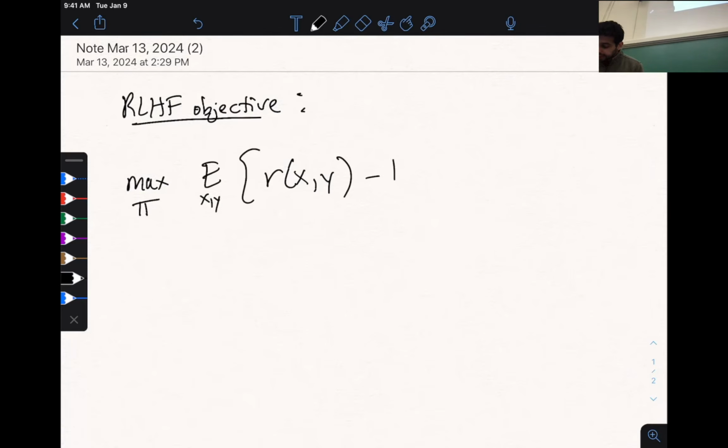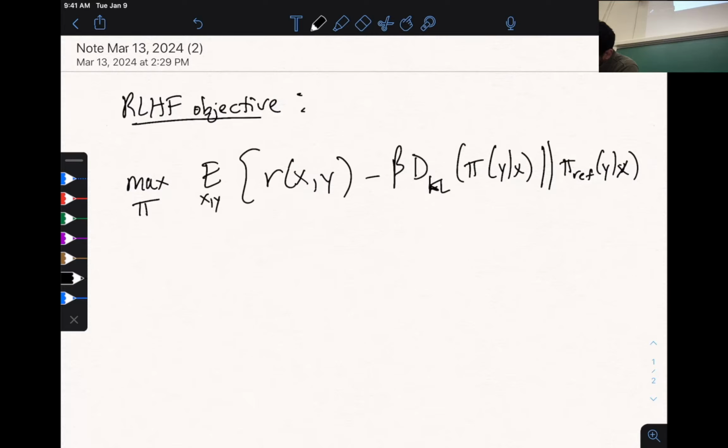But we also had this regularizer here, this KL divergence penalty, that ensured that our current policy model, the one that we're optimizing, doesn't deviate too much from our reference model. And remember that the reference model is the SFT checkpoint that we get after doing instruction tuning, right?